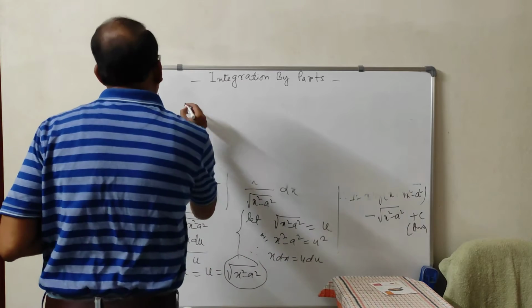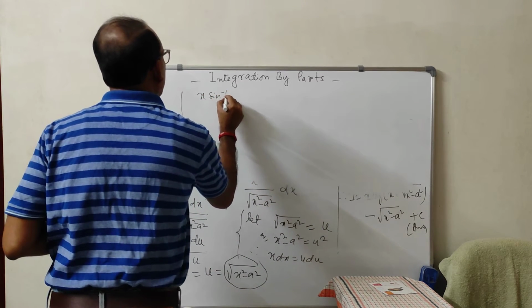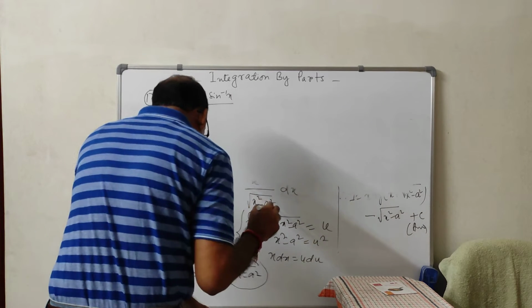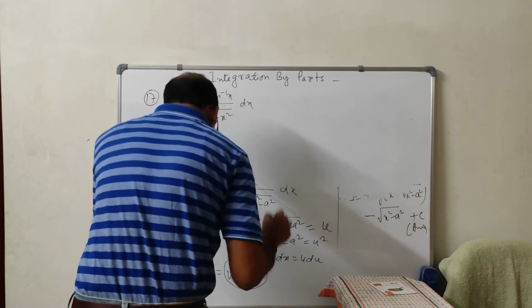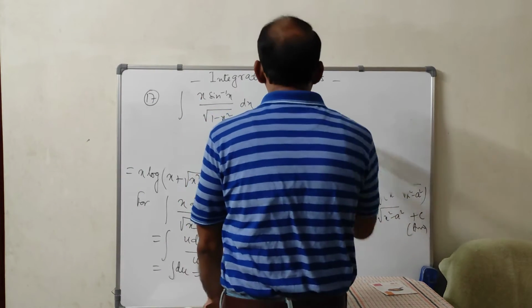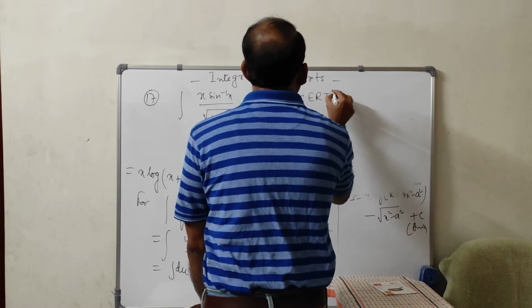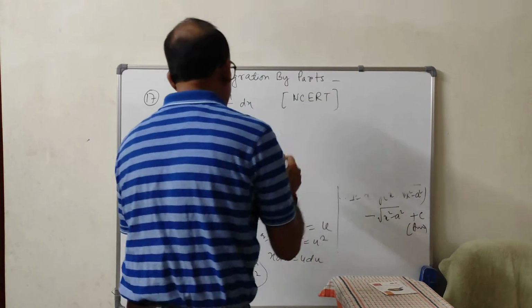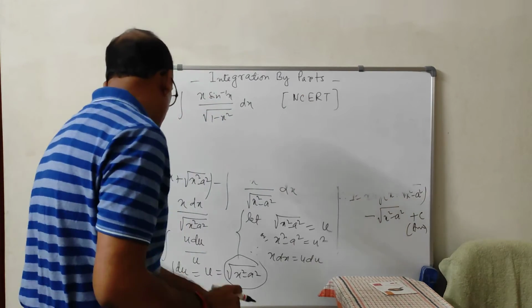What is the problem? Integration x sine inverse x over root over of 1 minus x square dx. This is the problem. This is the NCERT model problem.